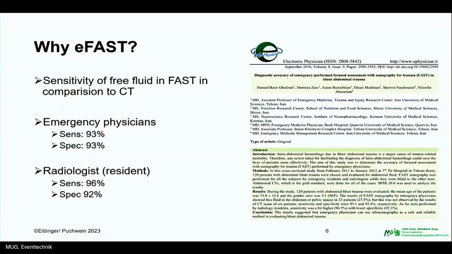The radiologists found a little bit more, but you see it's not a big difference. So usually, if you don't have the luxury that there is a radiologist available in the trauma bay, for example, it's not a problem if an emergency physician or a trained surgeon is performing this protocol.